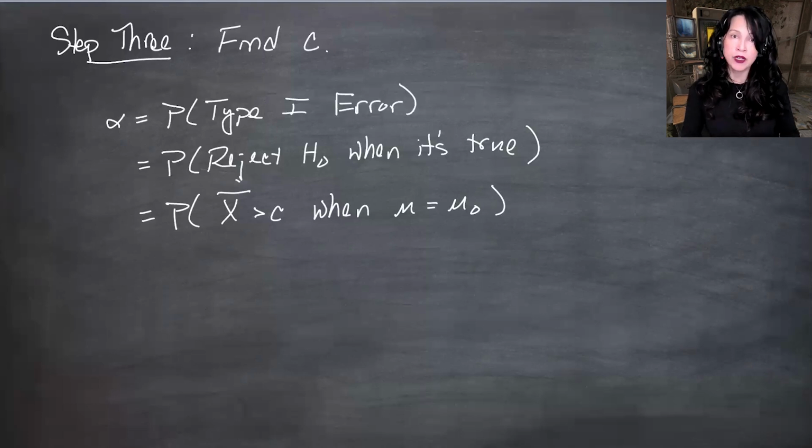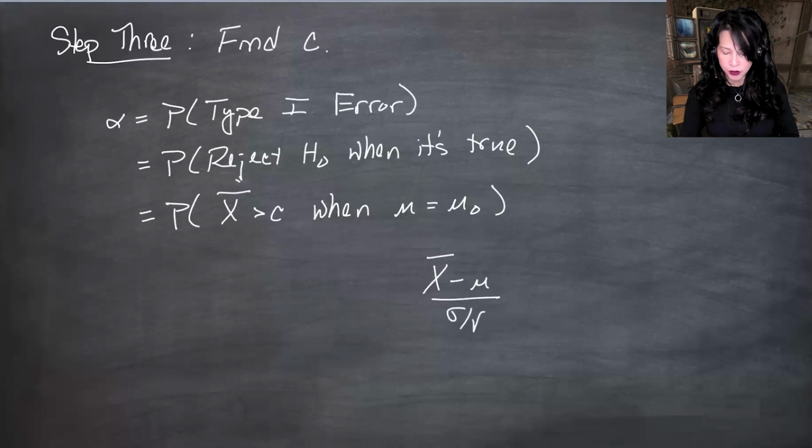The next step in computing a probability involving the normal distribution would be to standardize x bar to write it as a standard normal, so we can look up probabilities in a z-table or use z critical value notation. But standardizing x bar means that you would have to look at x bar minus mu over sigma over the square root of n, and we don't know sigma for this problem, so it's not going to be useful for our test in the end to involve sigma.